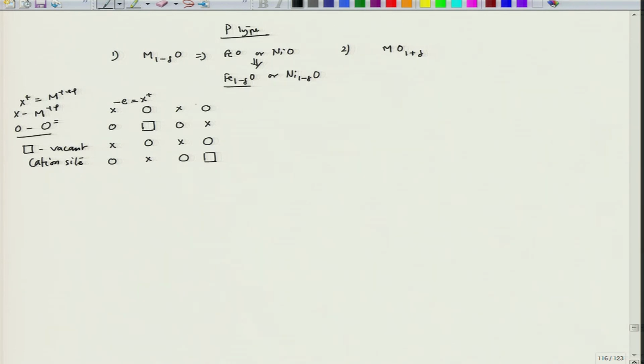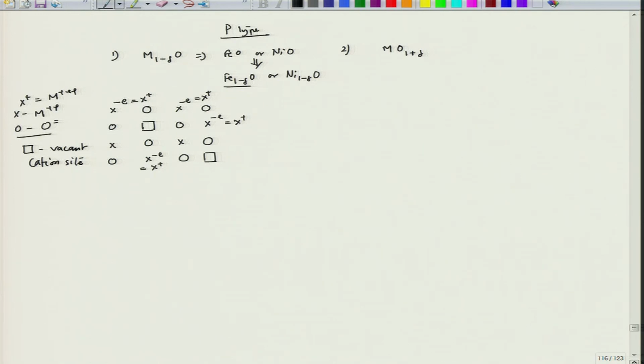Since there should be 4 such situations, we have 4 electron holes, which are nothing but the extra positive charge that neutralizes the excess negative charge.